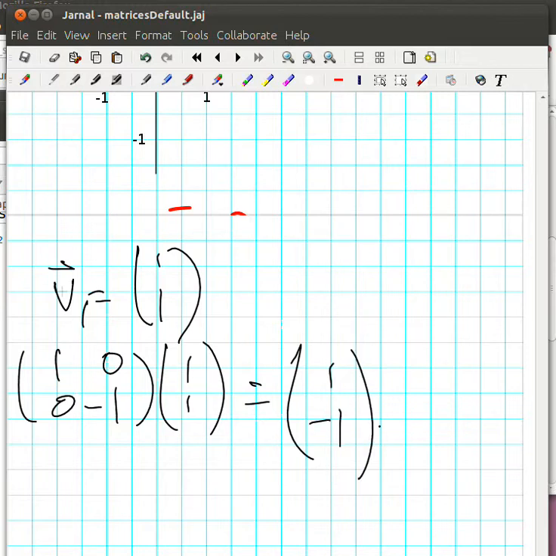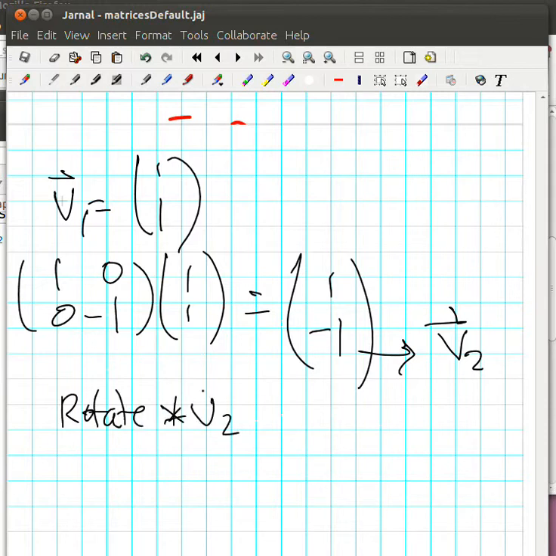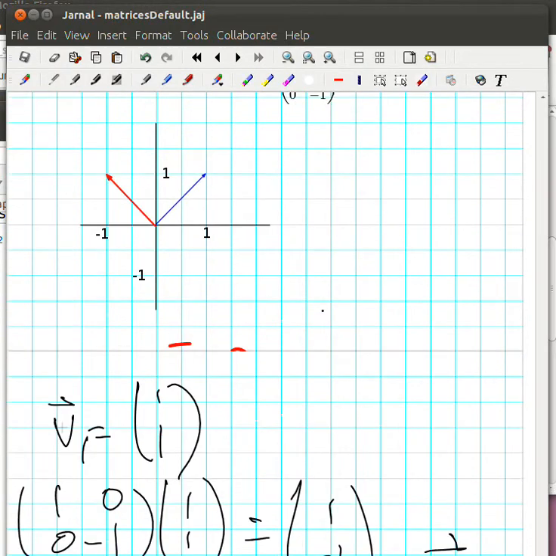So then we're going to take the resulting vector and we're going to rotate it. So let's call this v2. Then we're going to rotate v2.